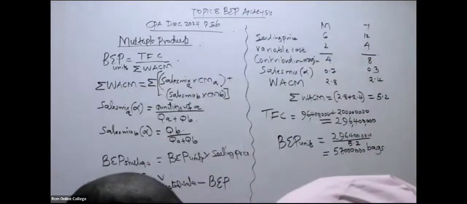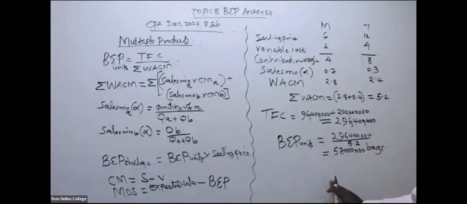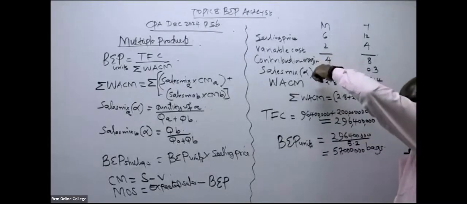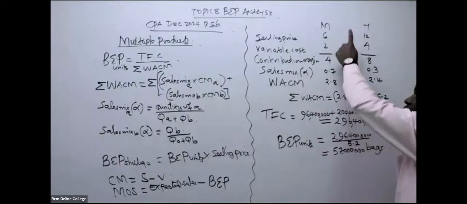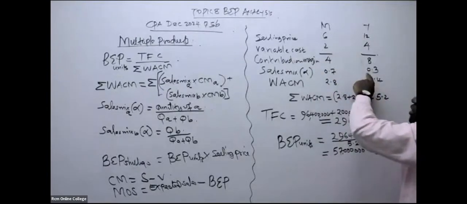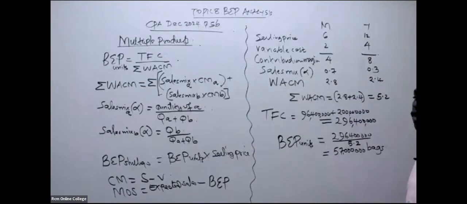Let's compare. So how do we now get the number of units for product M and the number of units for product Y? The break-even point in units for individual products will be done based on the sales mix ratio. Product M has a share of 0.7, and product Y has a share of 0.3.